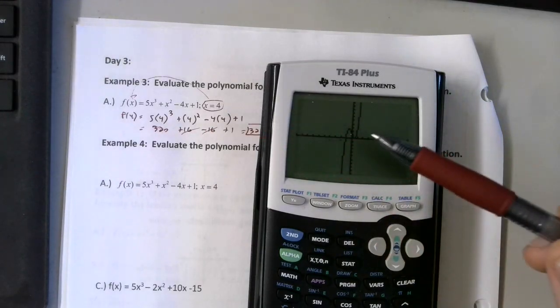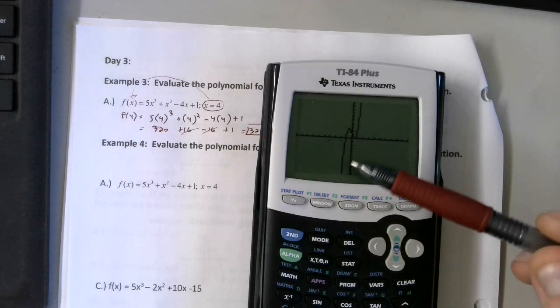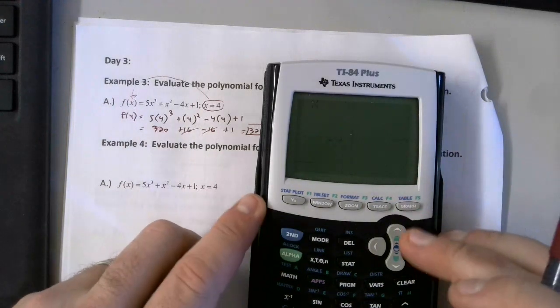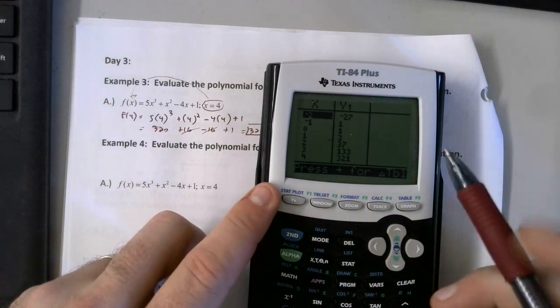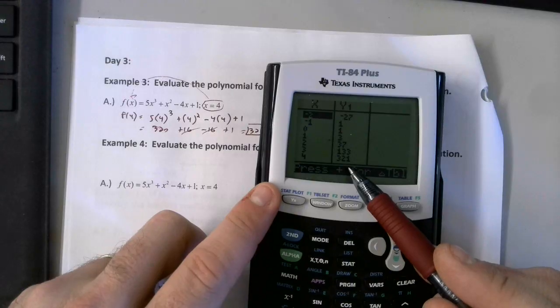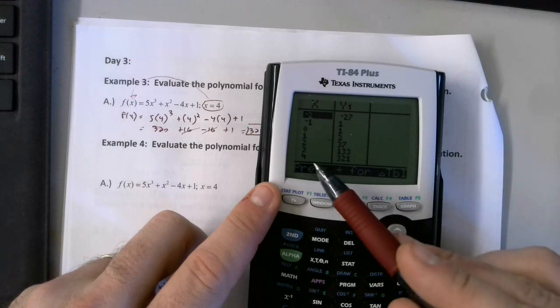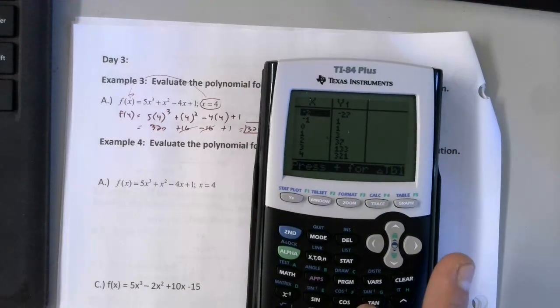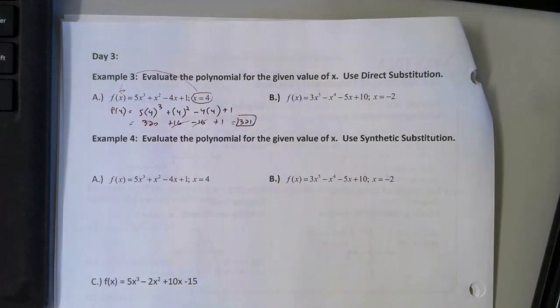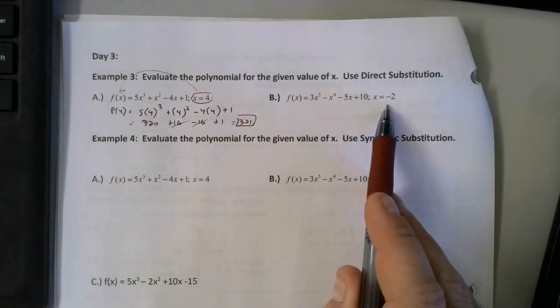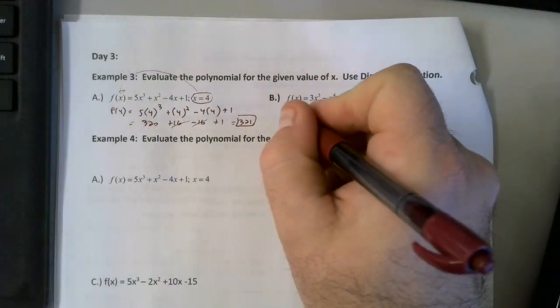It's a cubic, so you should have two turns on it. But what will happen is if you go to the table, 4 hits 321. So you can do direct substitution via technology also. So you can decide which way you like. But I always tell kids usually it means just plugging in for x.